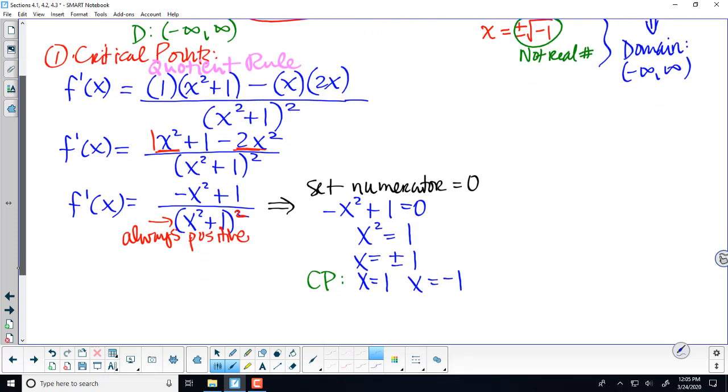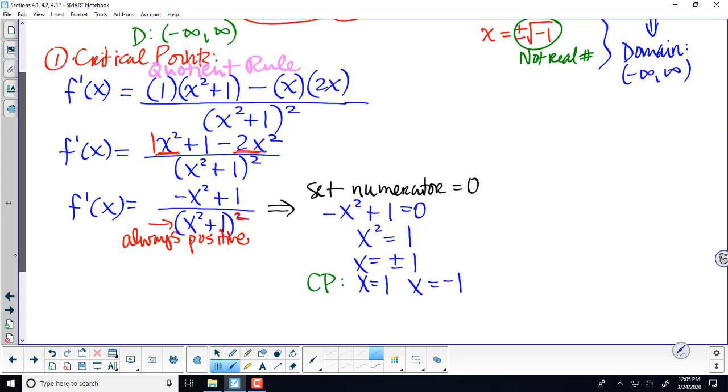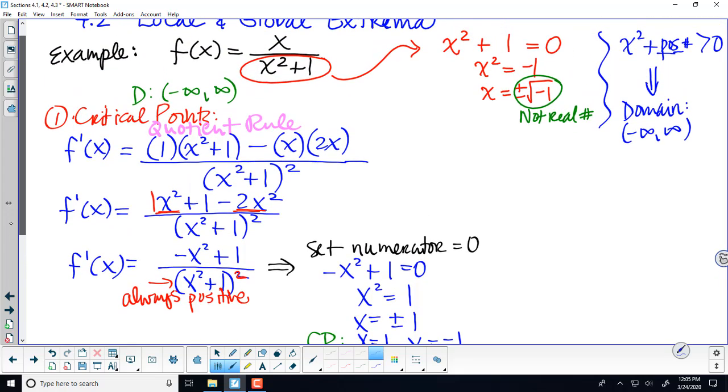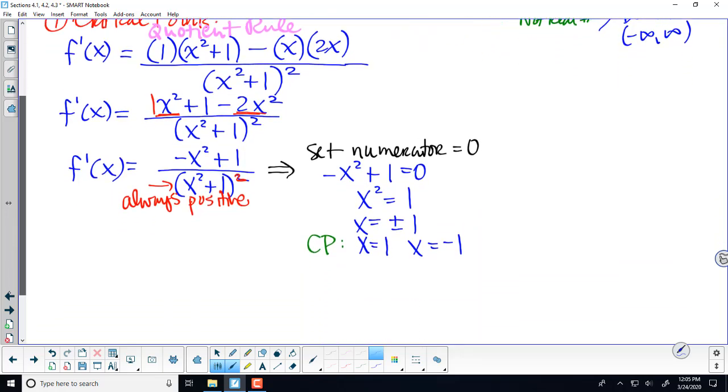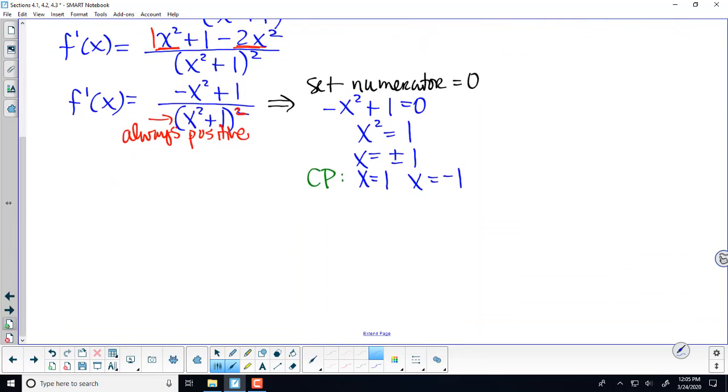All right, so since my domain is all real numbers, I don't know what's happening at those critical points. Okay, so let's talk about those being, if those are local extrema first, and then we'll decide if they are global extrema. So let's do the first derivative test to decide if we have local max or min at each of those.